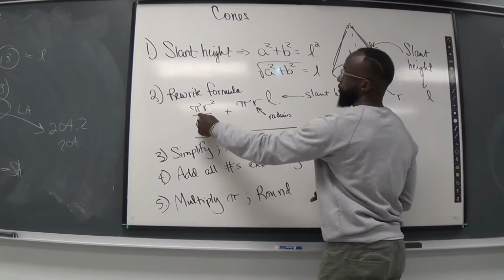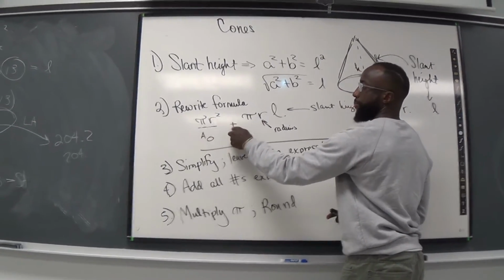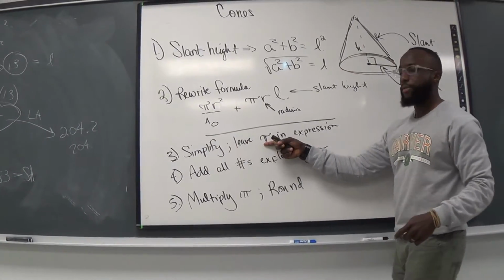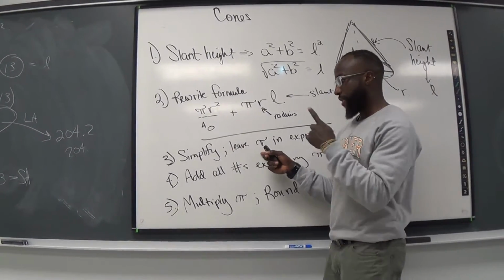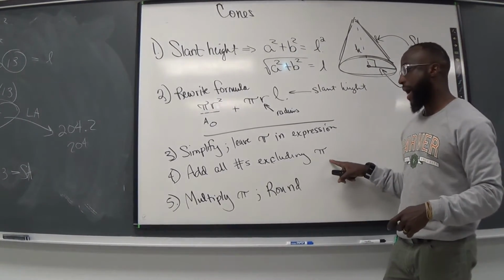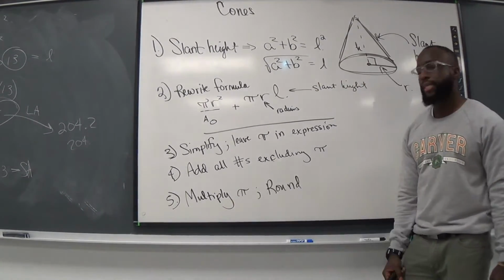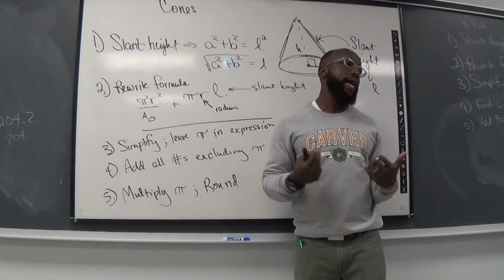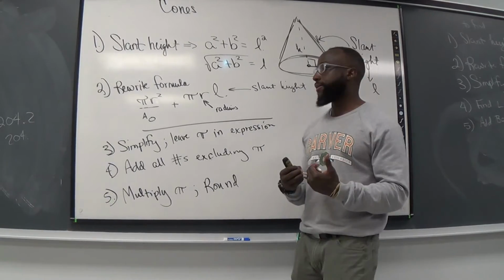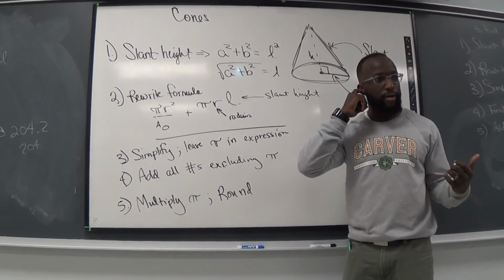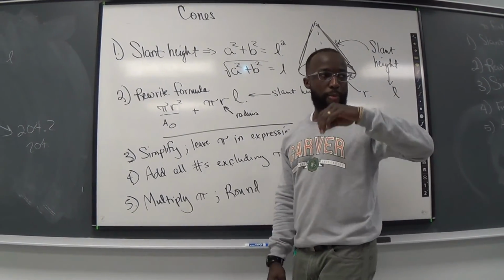The formula is pi r squared plus pi r L. Then you simplify, leaving the pi in, and add all the numbers excluding pi, and multiply pi at the end. You multiply pi at the end so you have a more accurate answer. And that's how we basically find the surface area of cones. Let's do the math out.